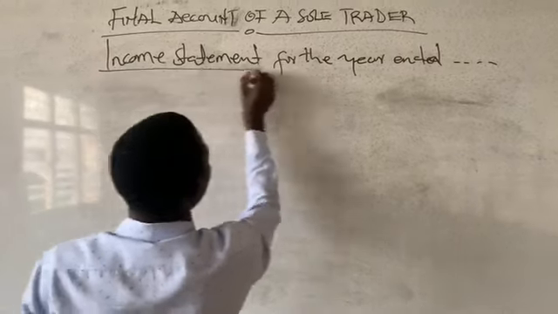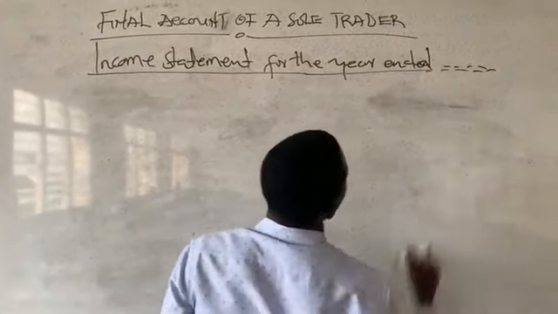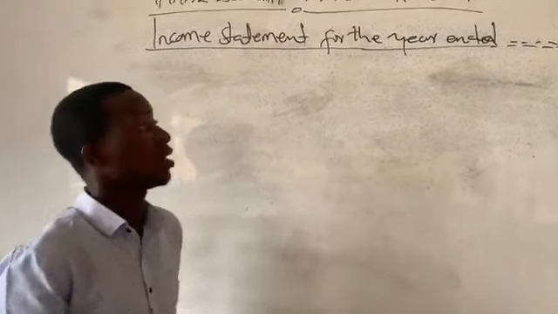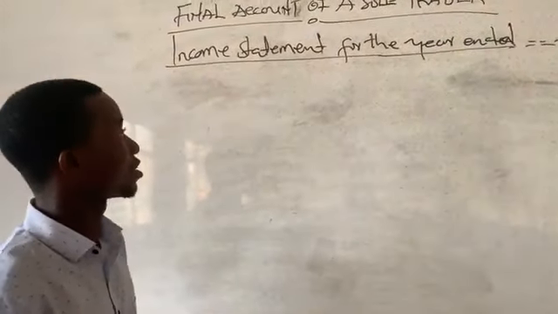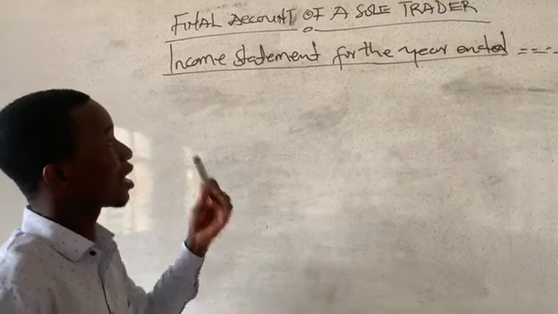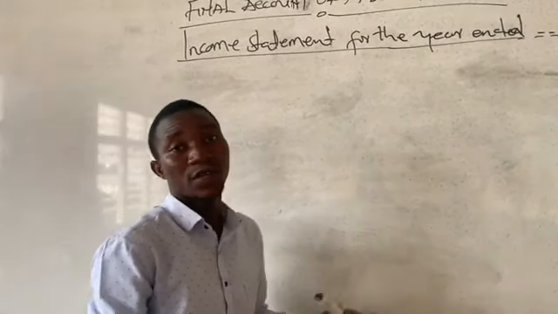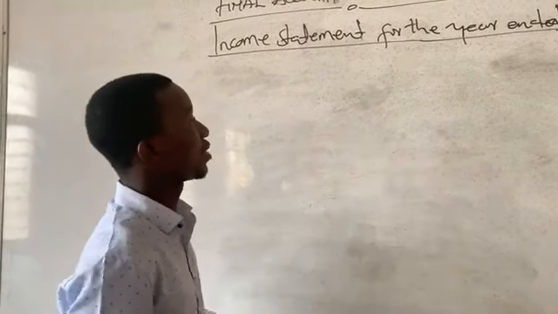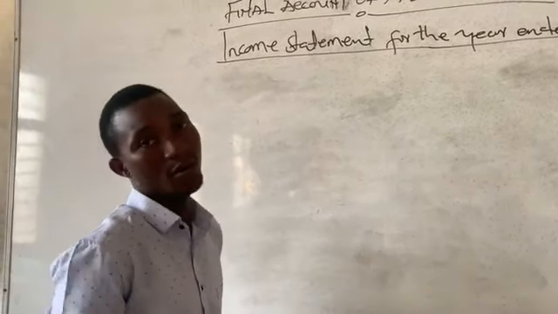So, income statement for the year ended. Okay, that is the end of the year in which the sole trader is preparing his or her final account. Is that okay? So in this account, we will be looking at the trading aspect and that of the profit or loss aspect. So we will begin with the trading aspect. Okay, but then it is a combined account.